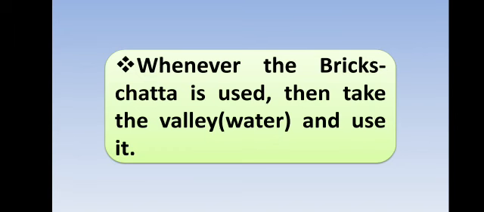Whenever the bricks are to be used, moisturize them with water beforehand by sprinkling water on the brick stack. For example, if they have to be used in the morning, sprinkle water on the stack on the previous evening itself, and this procedure will enhance the strength of the bricks and hence of the wall.